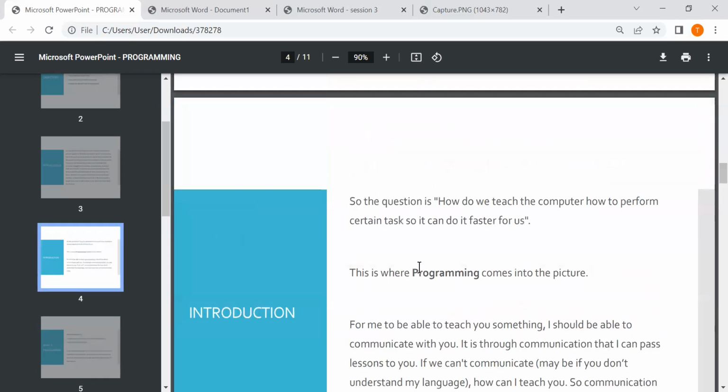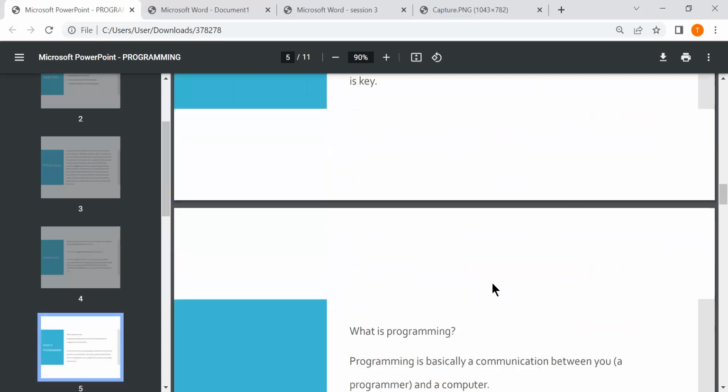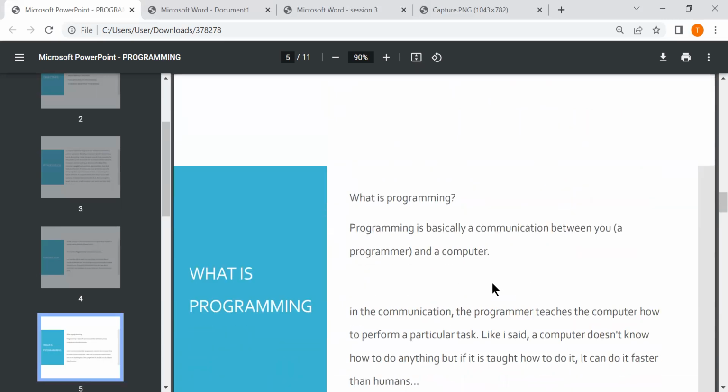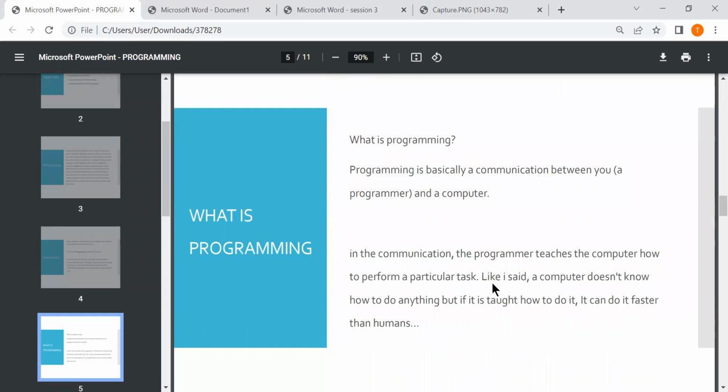I think I had said it here. This is where programming comes into the picture. When we need to teach the computer how to do something so that it can do it for us, can help us or assist us, we use a concept. We need the concept of programming. Programming is basically a communication between you, not just anyone, a particular kind of person. So between you, a programmer, and a computer.